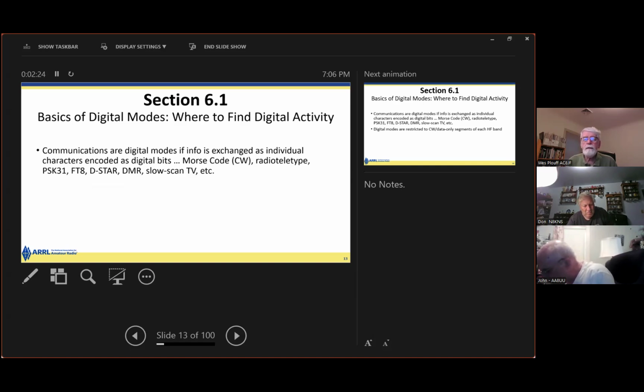And then there are digital voice modes, D-Star, DMR, and so forth that you find on VHF. And there are a couple of experimental digital modes that you can find on HF, although not too many people use them.